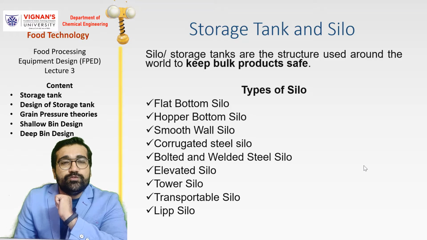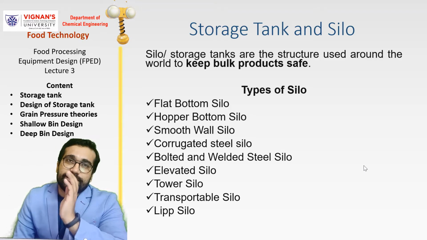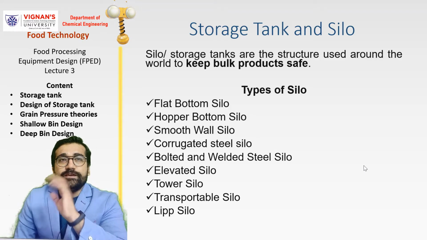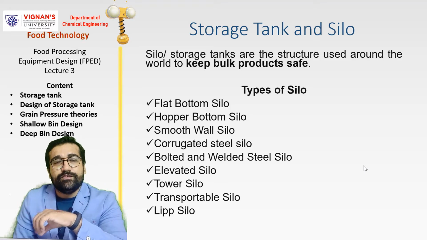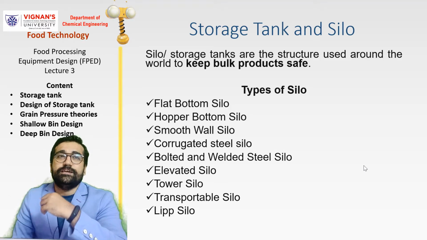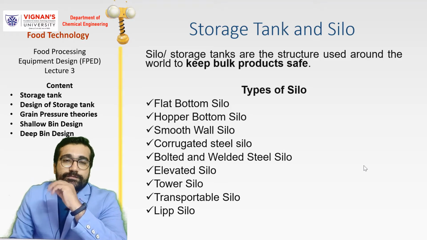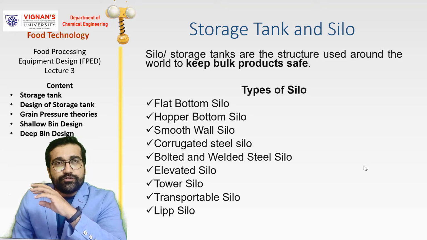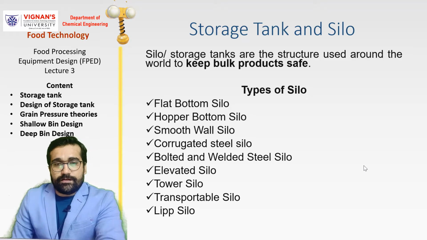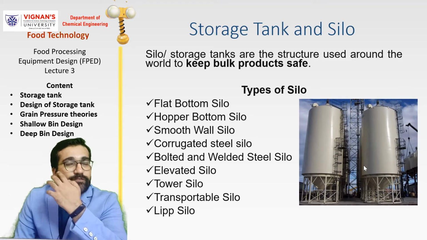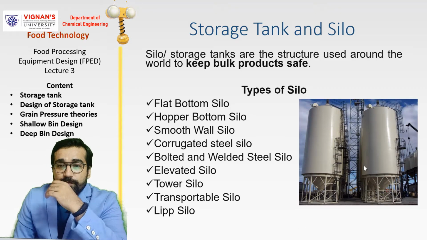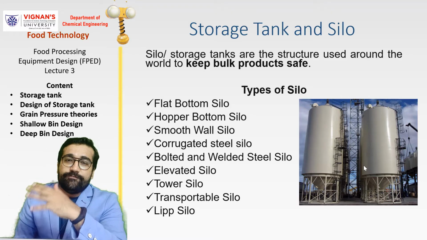The next is the smooth wall silo. As the name indicates, the wall from inside as well as outside will be very smooth in this case. A smooth wall silo will be very shiny. From inside it will be very smooth and from outside also.